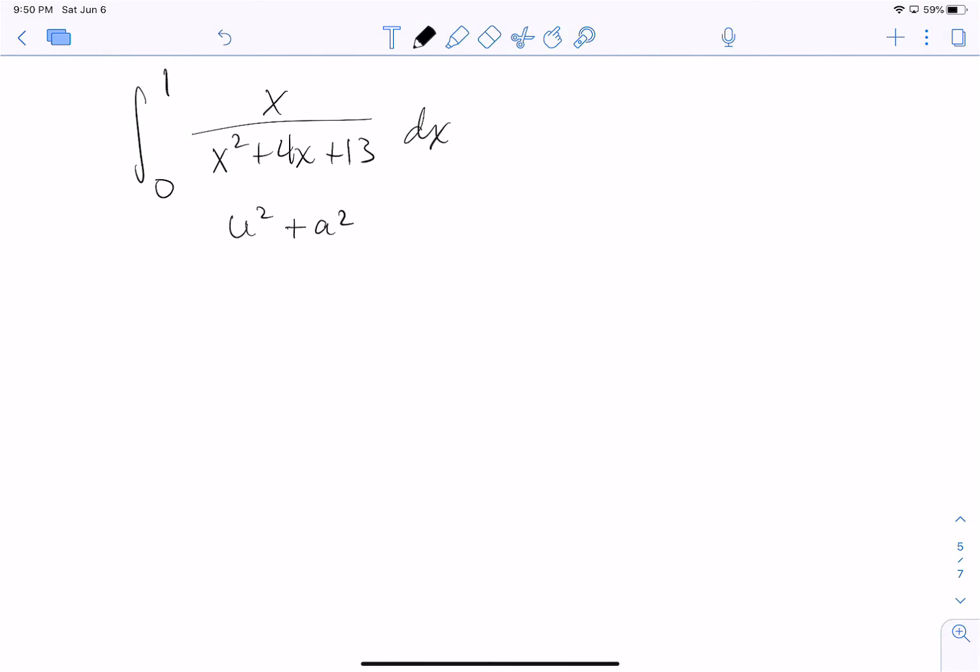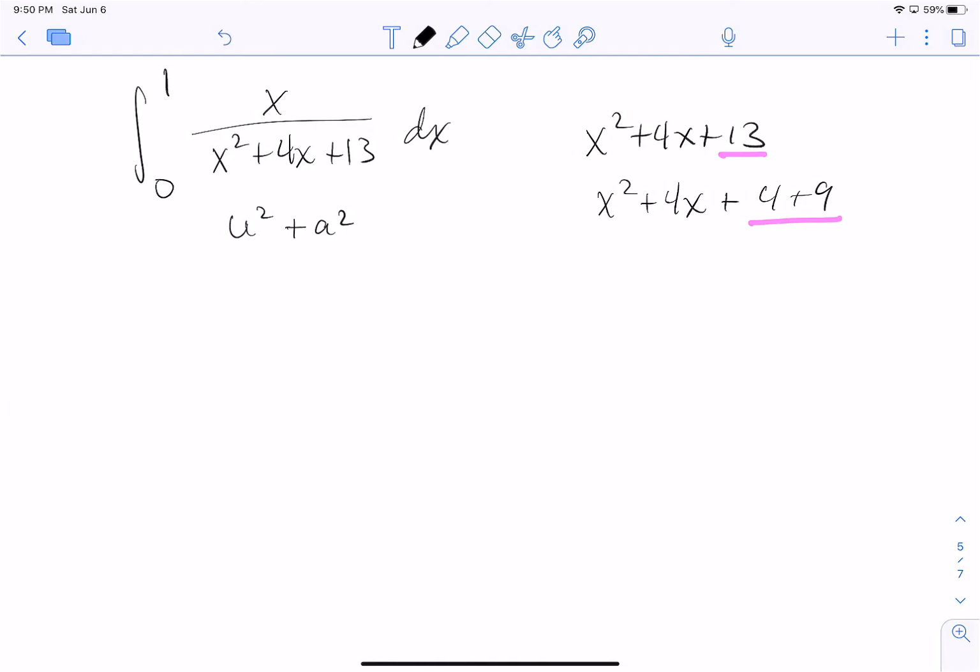So, considering the denominator, x squared plus 4x plus 13, we know that to complete the square, we could add and subtract 4. I would suggest x squared plus 4x plus 13 can actually be expressed as x squared plus 4x plus 4, plus 9.